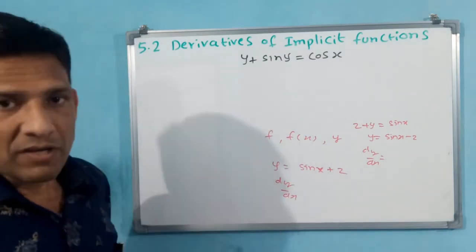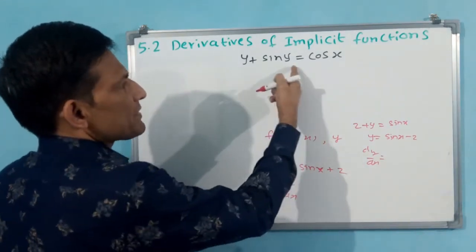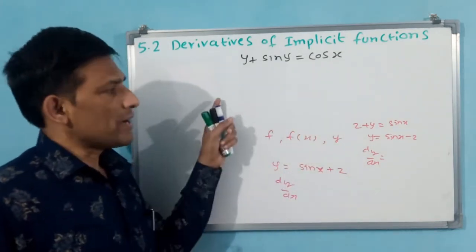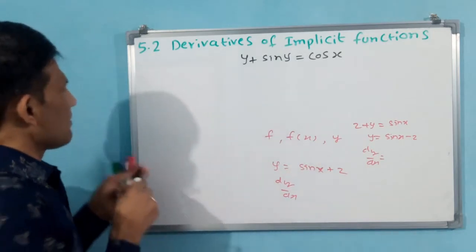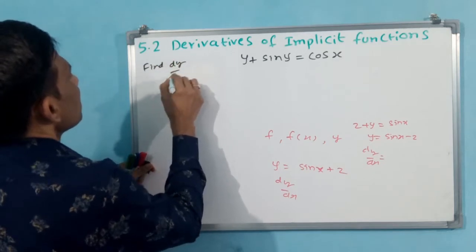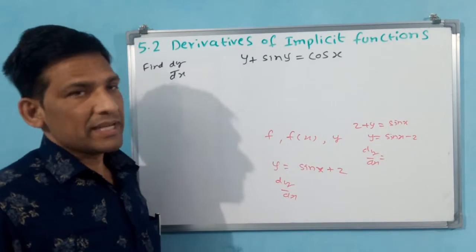But here if you observe, you cannot take common. This is y plus sin y is equal to cos x, so how are you going to find dy by dx? Here they will ask you to find dy by dx, or find the derivative with respect to x, like that they ask.